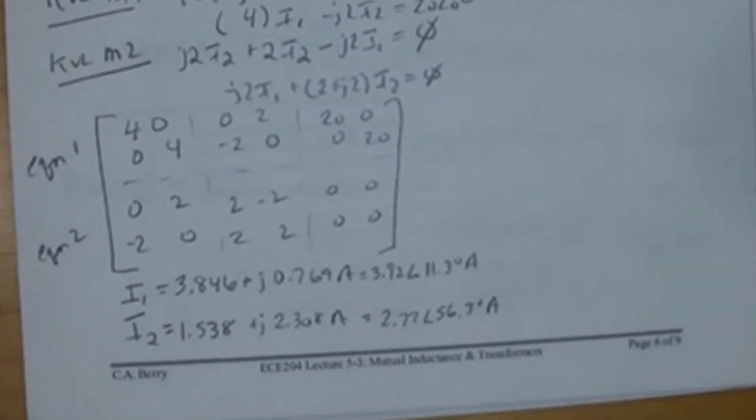I1 is 3.846 plus J0.769 amps. I2 is 1.538 plus J2.308 amps. Or I1 is 3.92 with an angle of 11.3 degrees, and I2 is 2.77 with an angle of 56 degrees.